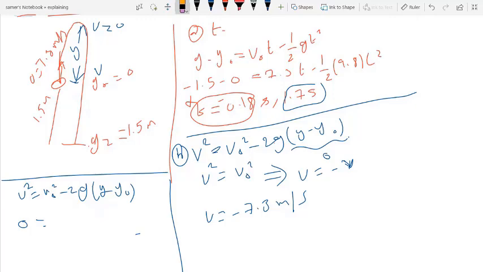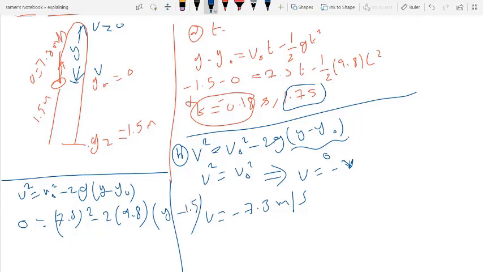0 is equal to v0 squared, which in this case is 7.3 squared, minus 2 times 9.8 times (y minus y0), which is y minus 1.5.